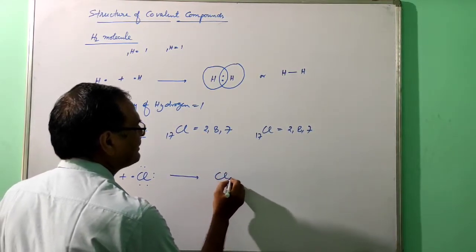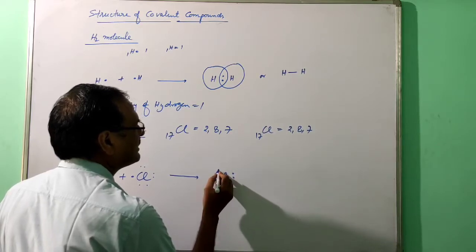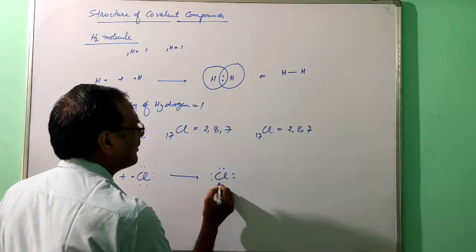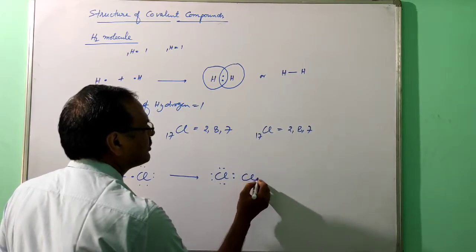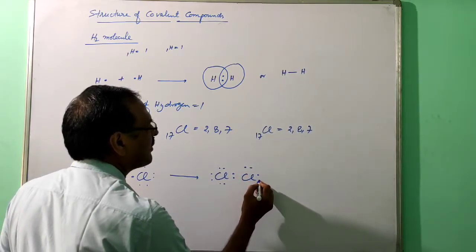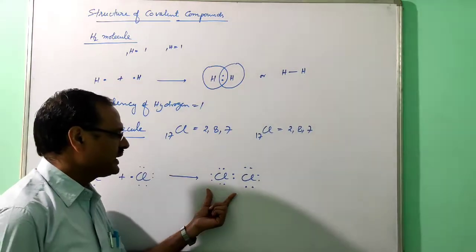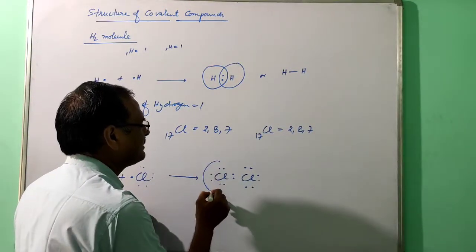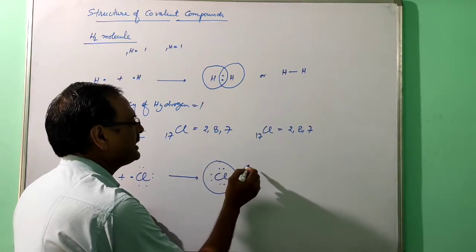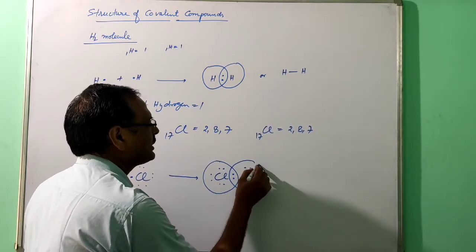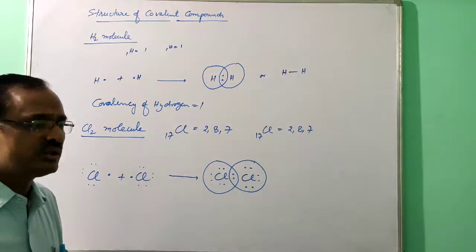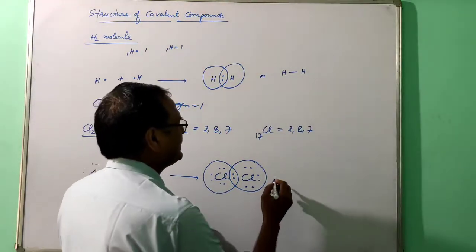Just see this once, another chlorine. Now for this chlorine the octet is complete, and for that chlorine the octet is complete. So now both chlorine atoms are completing the octet.